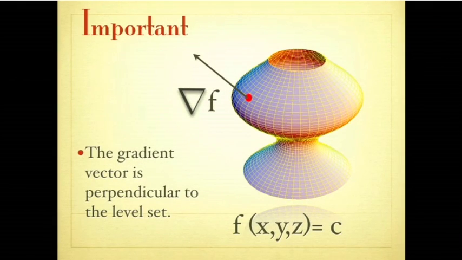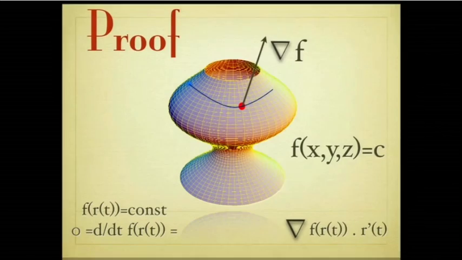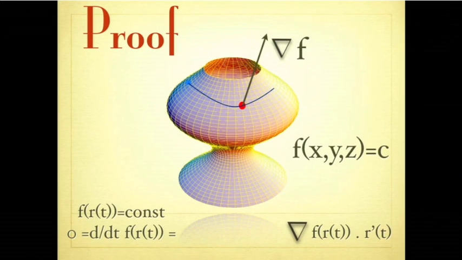And it really hinges on this important fact that the gradient is perpendicular to the level surface. So this is a level surface, and the gradient here is perpendicular to that level set. The proof is very easy and uses the chain rule. If you are on the surface, then the function is constant.